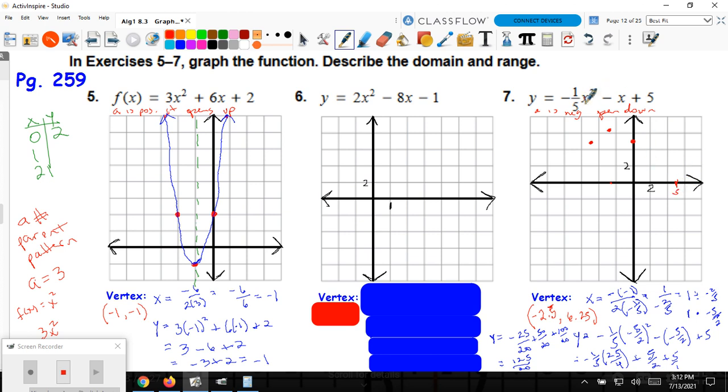So I plug in 5 here, that's 25. And 5 goes into 25 5 times, making this a -5. That's going to make this -5 also. And then I have a +5. So the -5 and +5 cancel out, -5. So at 5, we're going to be going down to -5. There's 2, 4, 5. Right there's another point.